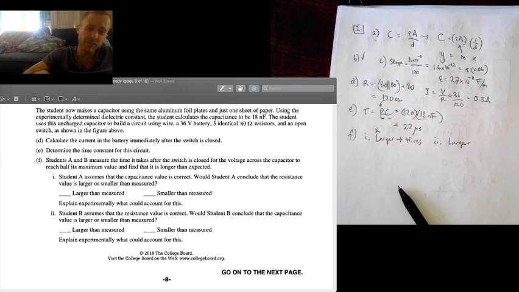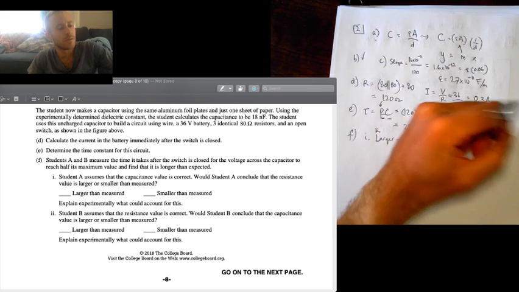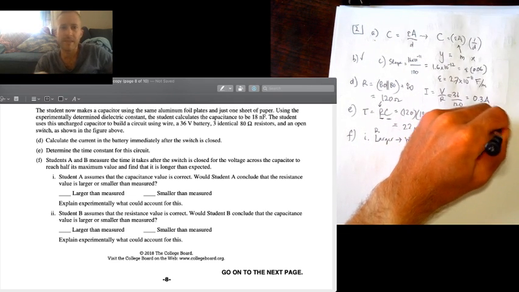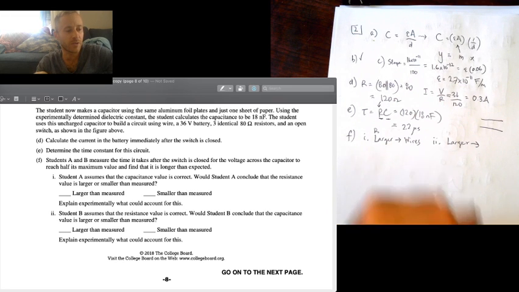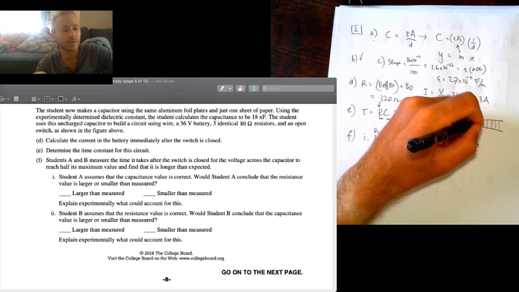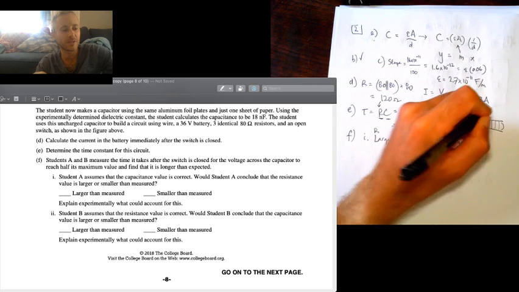So experimentally, what could account for this? One of the things I told you about was the edge effect. If you have the electric field in the capacitor plates, the electric field goes around like this, kind of.